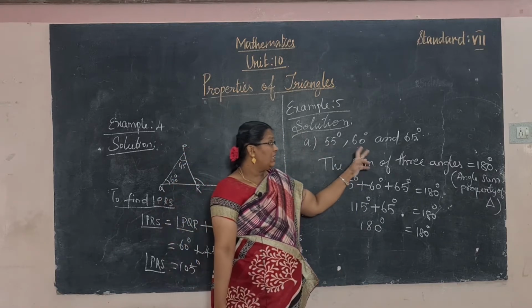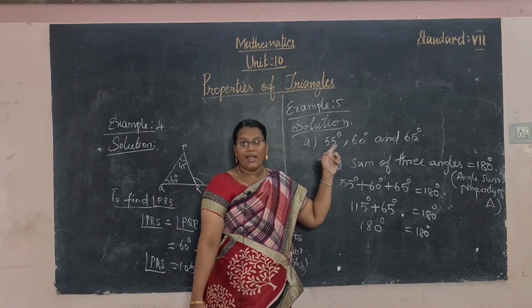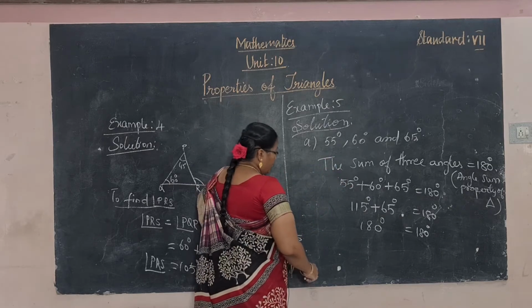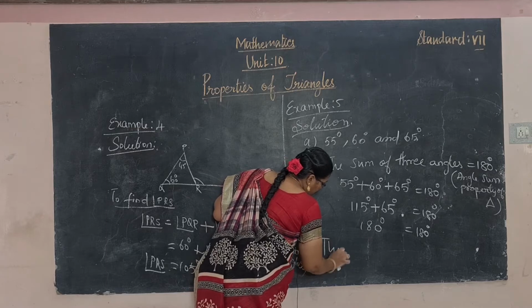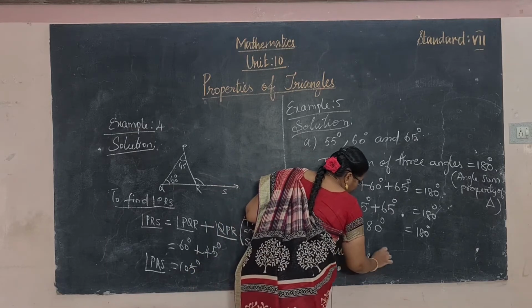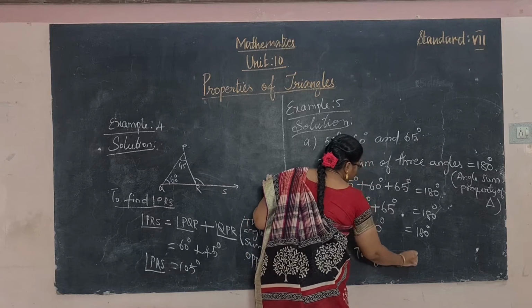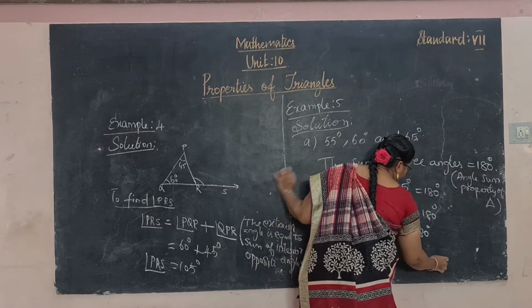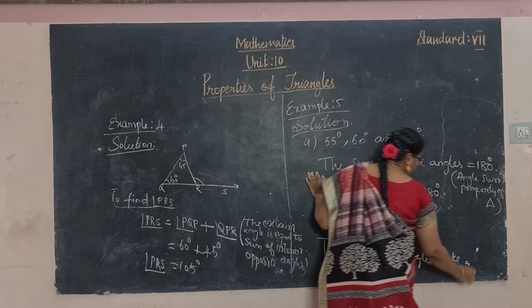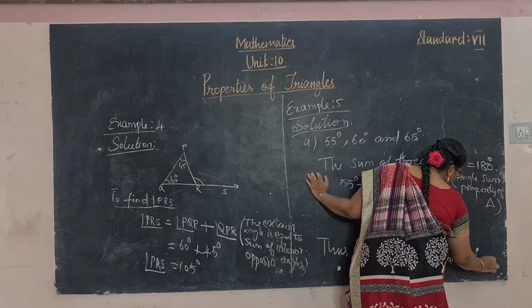Therefore the given 3 angles should make a triangle. Thus the given angles make a triangle.